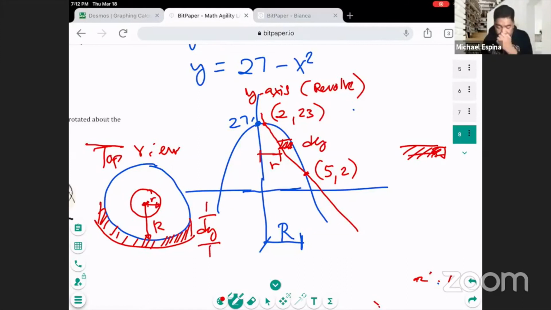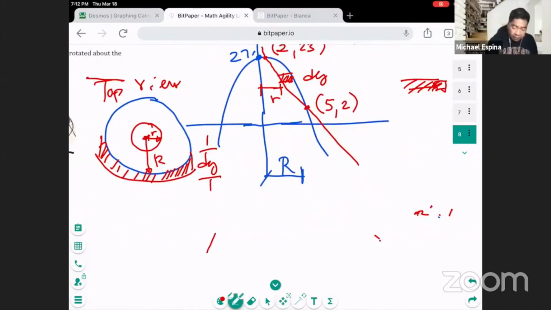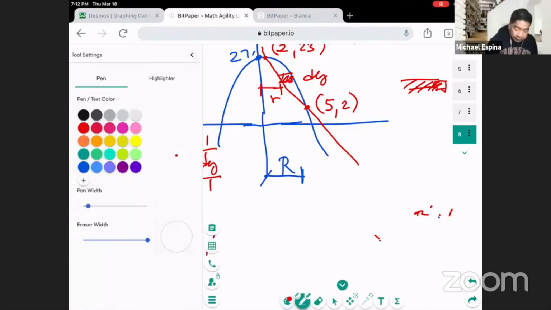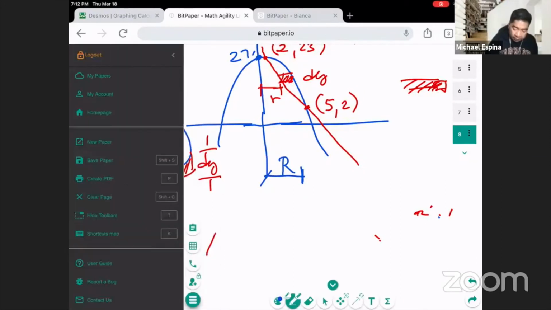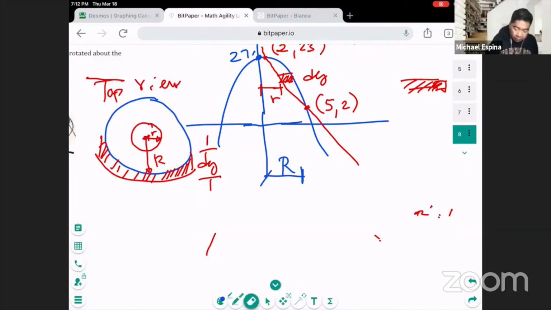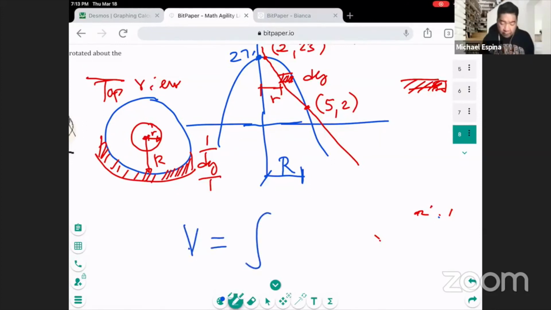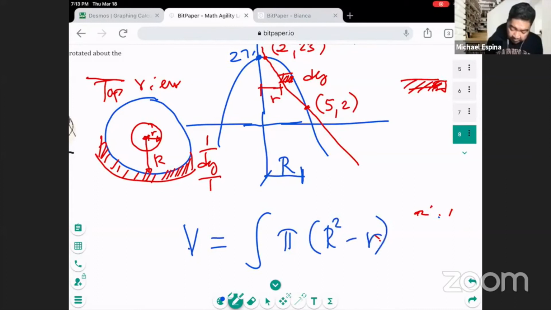Okay, let's try to form our equation. Since this is our circle, V is equal to the integral of pi R squared minus r squared dy.